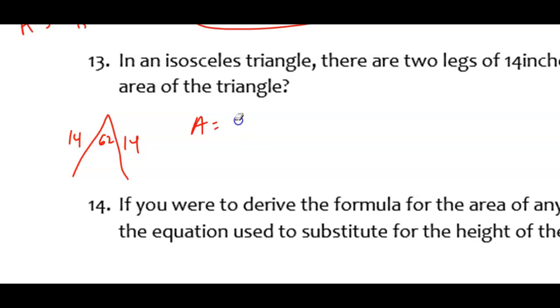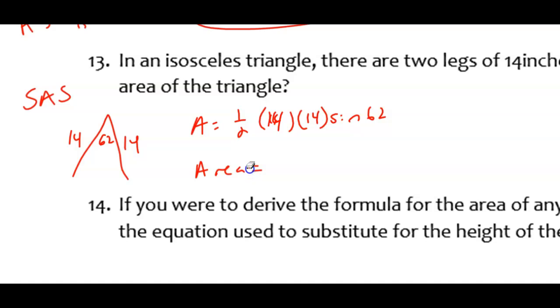So to find the area, area equals 1/2 times 14 times 14 times sine of 62. Side angle side, guys. And in doing so, area equals 86.5 inches squared.